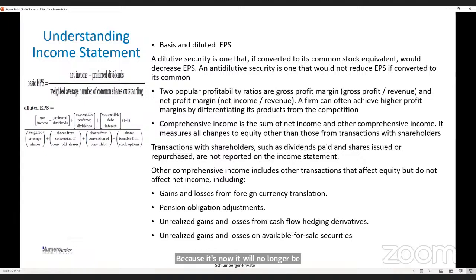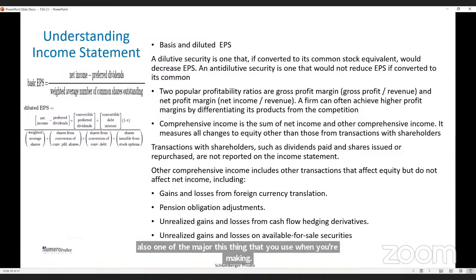Then all the shares from all these convertible debt or preferred shares, add them to your weighted average number of shares. So the investors will want to know what your dilution is, because it's also one of the major things that you use when you are making decisions. All right, so that's that.